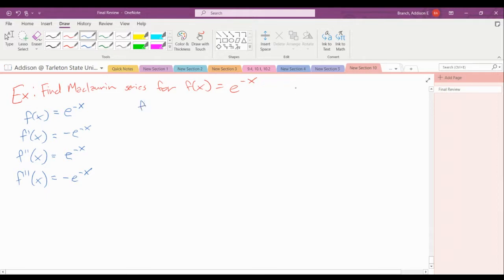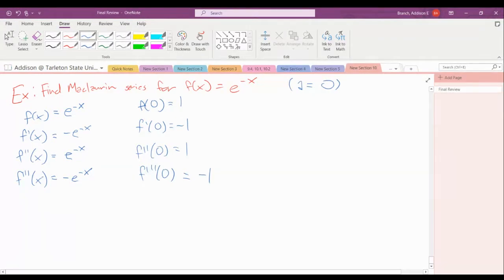If we're at Maclaurin, we know that we're centered at a equals 0. So f of 0, f prime of 0, f double prime of 0, f triple prime of 0. We have e to the negative 0, which is 1, then negative 1, 1, negative 1, and we can see how we're just going to keep following this pattern pretty much forever.